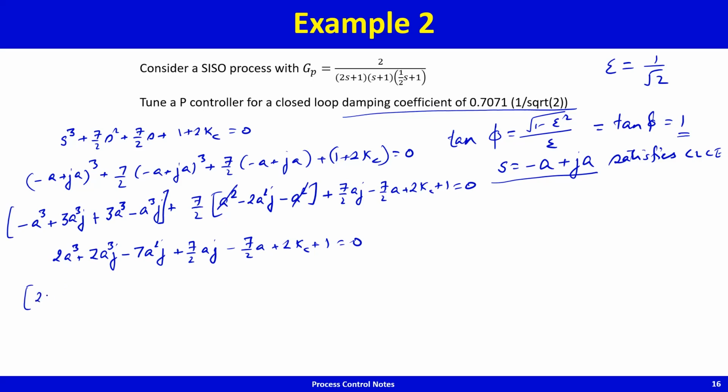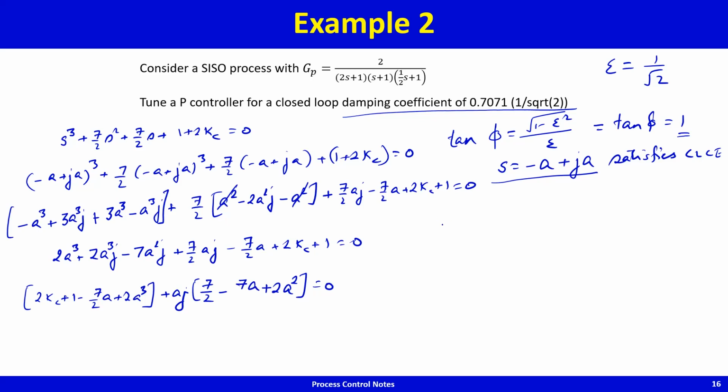The real terms are 2kc plus 1 minus 7 by 2 a plus 2a cube, and the imaginary terms, taking aj common, are 7 by 2 minus 7a plus 2a square equal to 0. Then we solve this quadratic to get a.